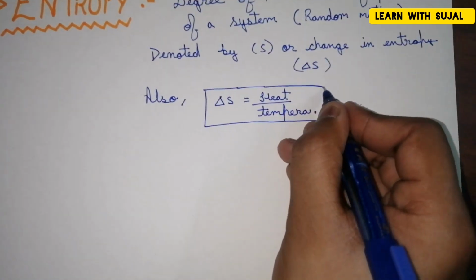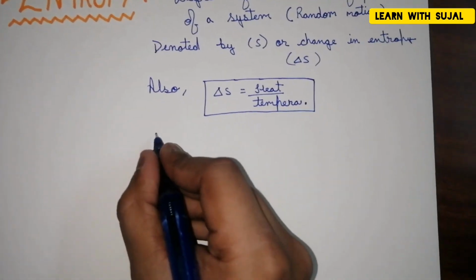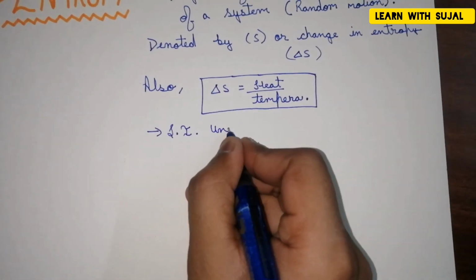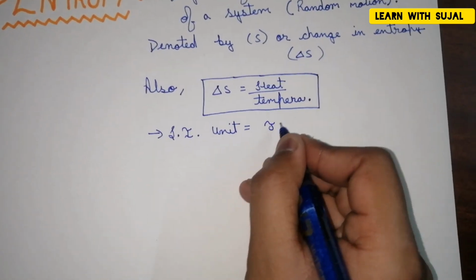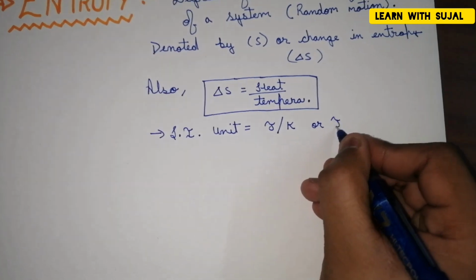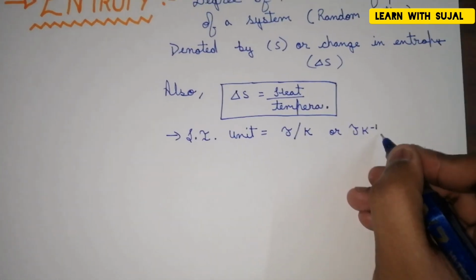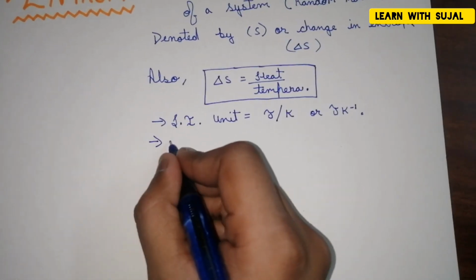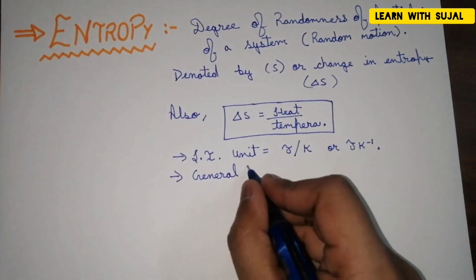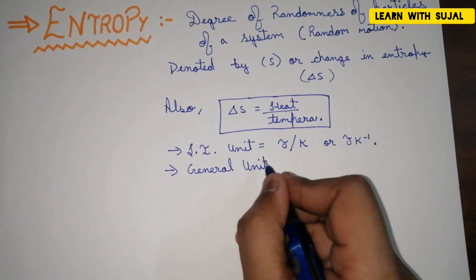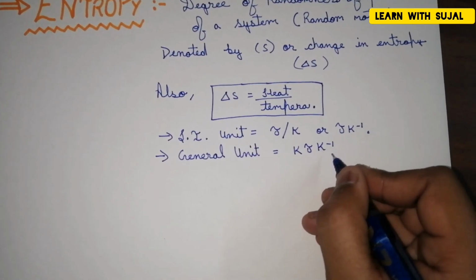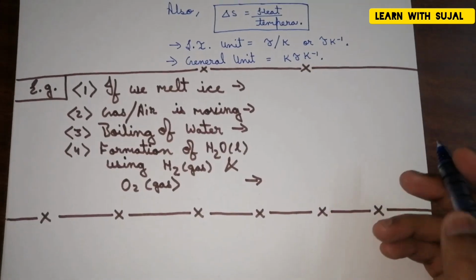So what will be the SI unit of entropy? Joule by Kelvin. So the SI unit will be Joule by Kelvin, or you can say J K minus 1. The general unit will be kilojoule by Kelvin.